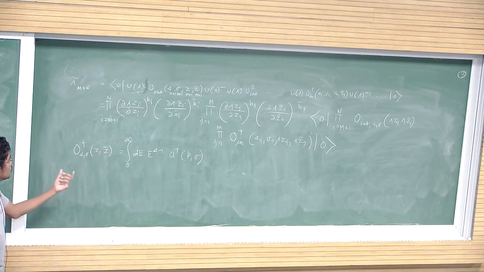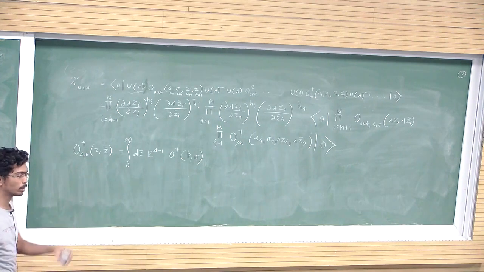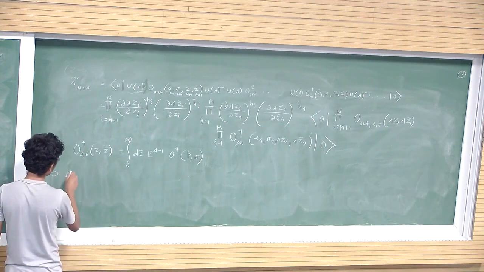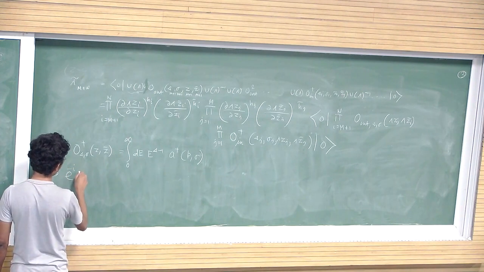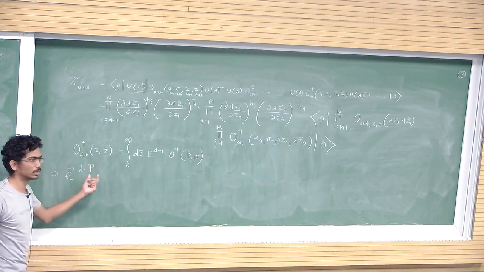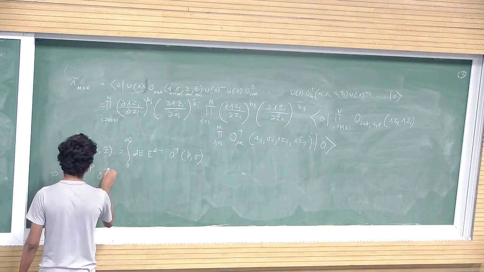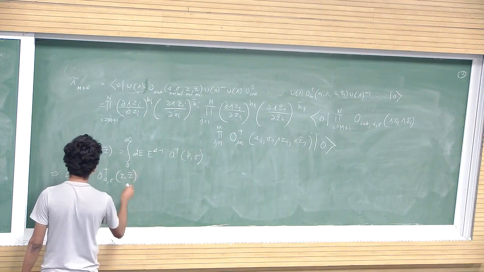Now I want to see what is the behavior of this operator under the translation, the global translation. To do that I will apply the translation operator e to the minus I L dot capital P. Capital P is the generator for the translation, the 4 momentum operator, and then O dagger delta comma sigma z z bar.